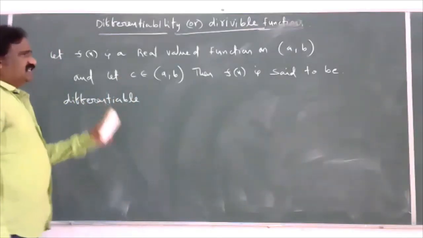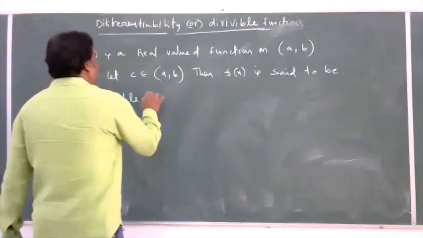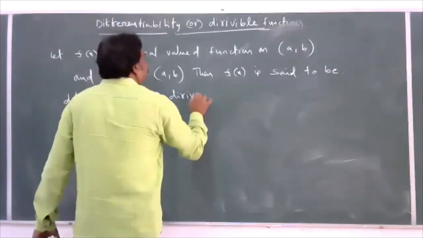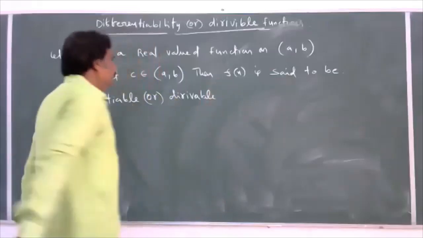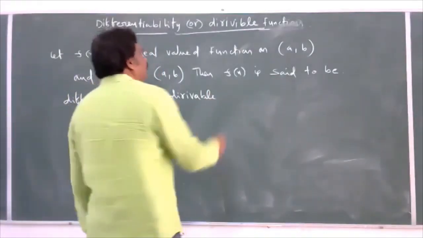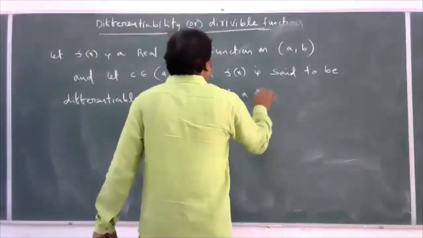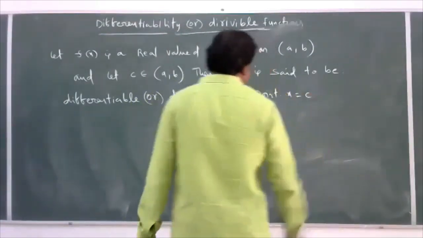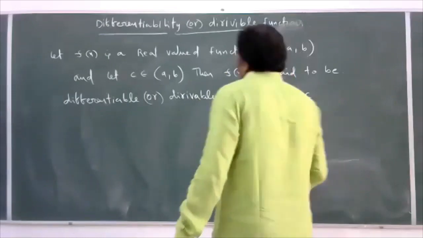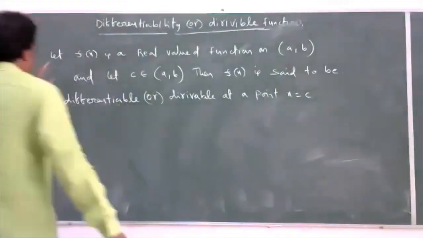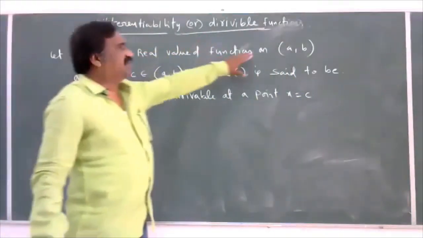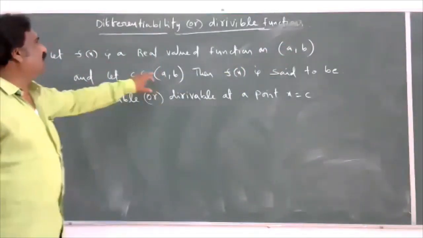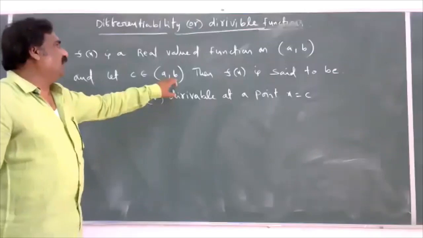Then f of x is said to be differentiable or derivable at a point x is equal to c. Let f of x be a real valued function on the open interval (a, b) and let c belong to (a, b).